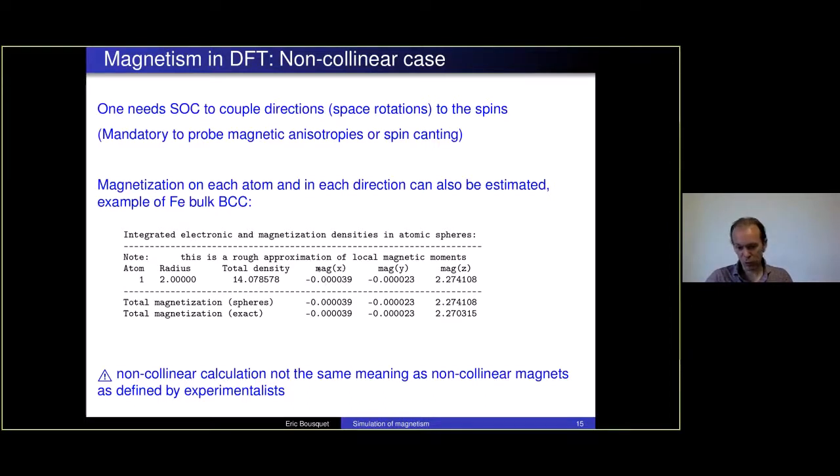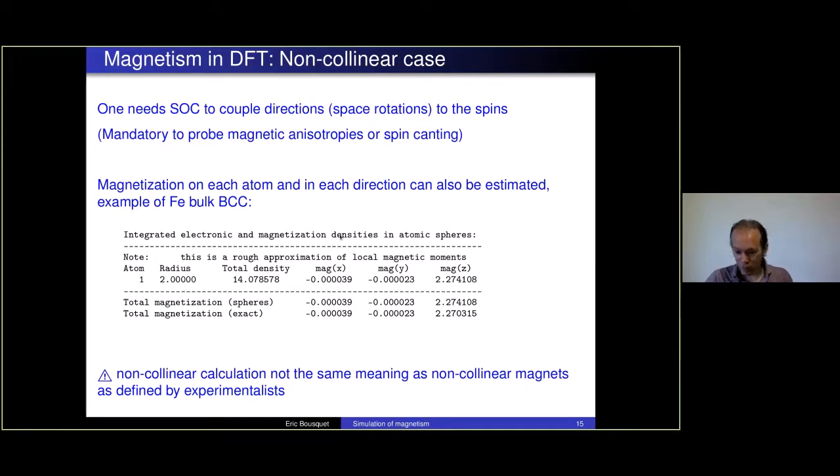And then you can also have access to the magnetization along x, along y, and along z. And we can see that iron is a collinear magnet, so we don't see any components of the magnetization along x and y. The few digits I have are just numerical noise. And again, you can also integrate the total magnetization inside the spheres and compare with the total magnetization that is calculated exactly in the whole unit cell.